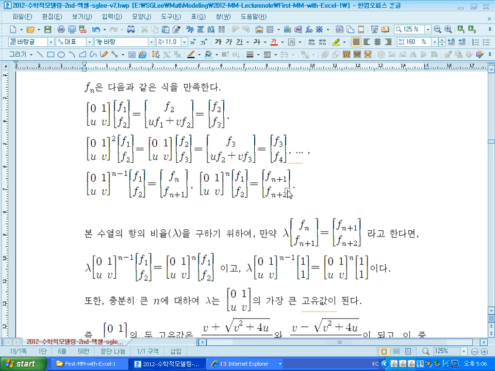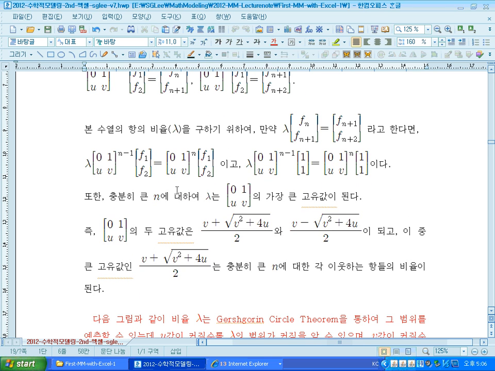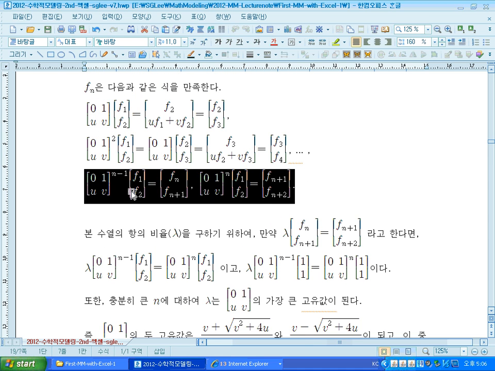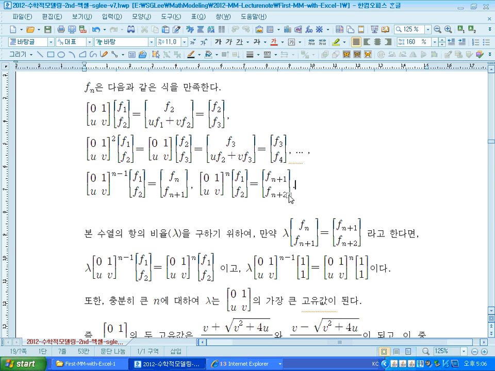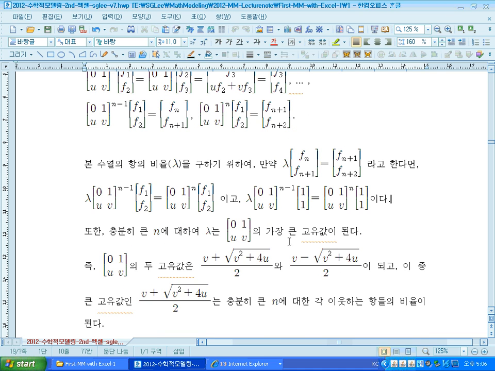Here, we have seen that the change of ratio to the nth term of this sequence depends on the largest eigenvalue. That's what we saw in the earlier simulation.